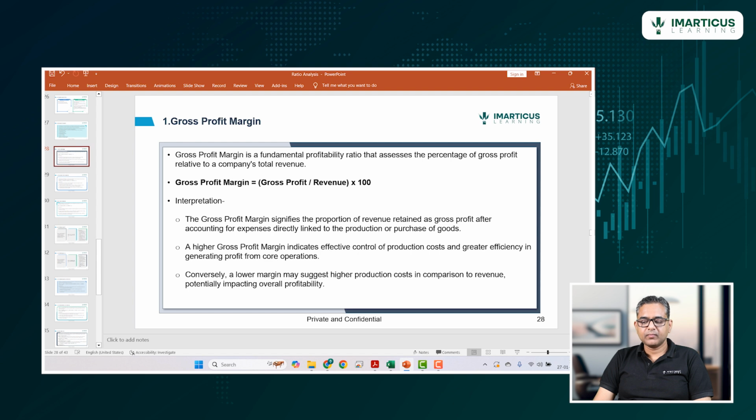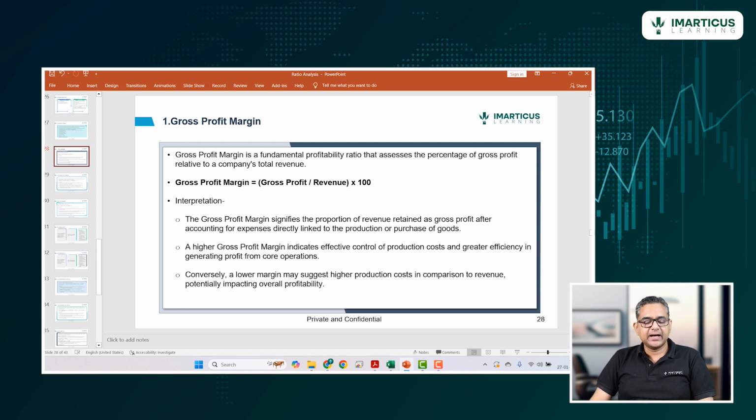So, the better we are able to manage our direct costs, if we have higher control on our direct costs, if we can reduce those, that will impact our gross profit margin in a positive way.